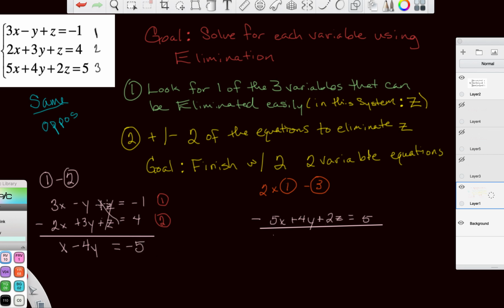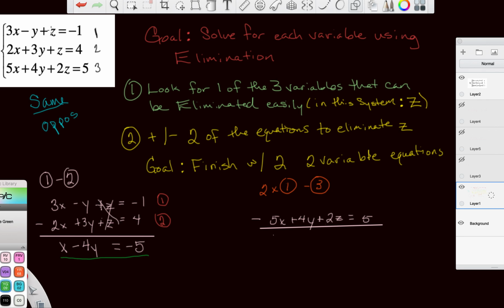Okay? Now, we have one of our equations that has two variables. And now we're going to look for the next one. But if you look up here, equation 1 has just one z, and equation 3 has two z's, right?